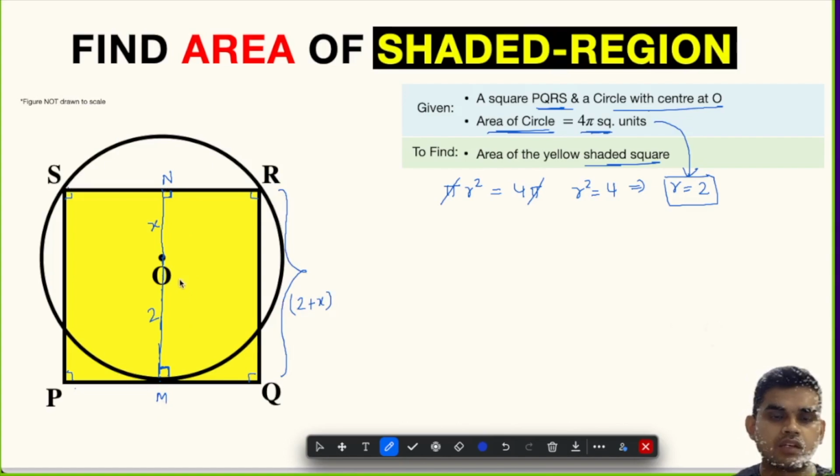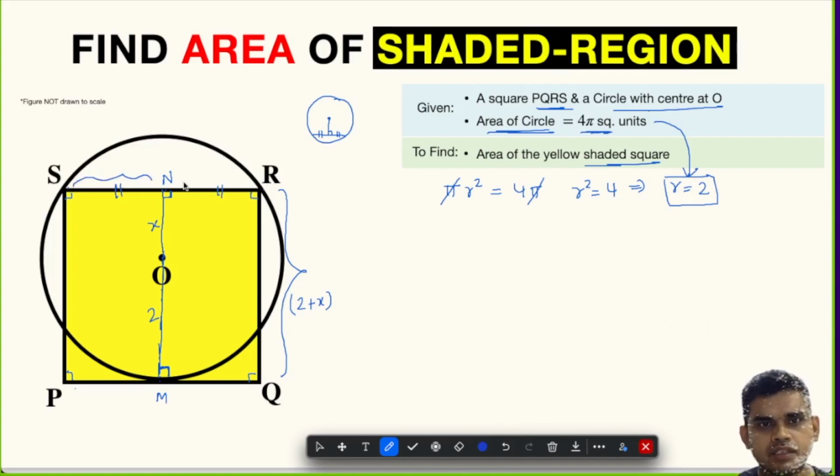Another theorem that we recall now is, if we have a circle, this is the center and this is any chord, and we draw a perpendicular on it, then this divides the chord into 2 equal parts. That means this ON is the perpendicular bisector of SR. That means this length is equal to this length.